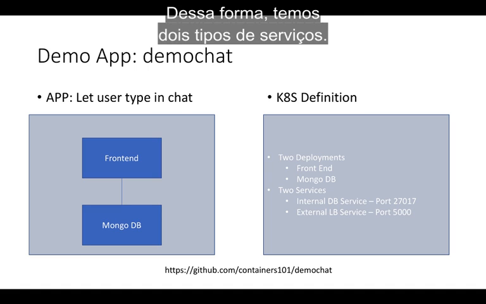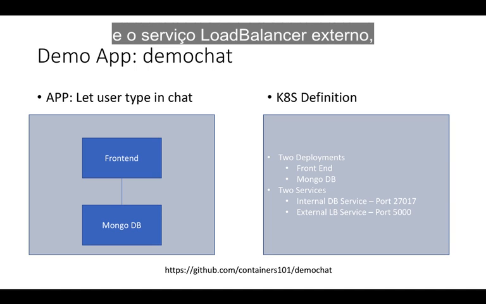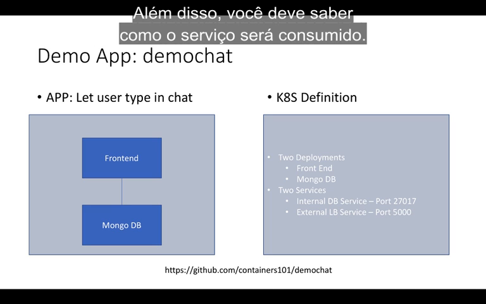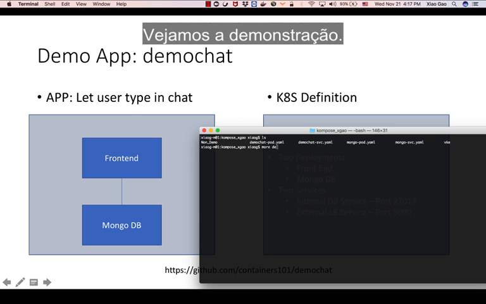Then you have two types of services: the internal DB, and the external load balancer service that's accessible from the outside. And I'm going to show how this is going to be consumed. So let's look at the demo.